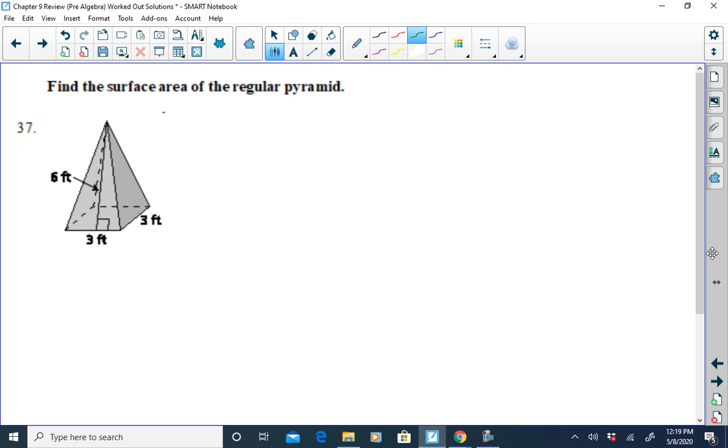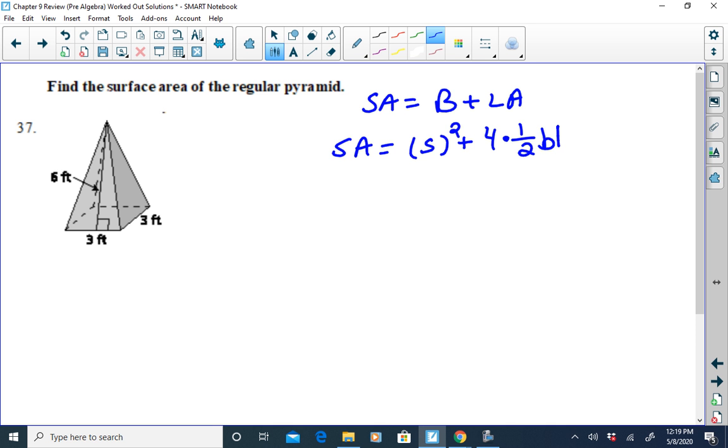Okay. We're looking for surface area. And surface area, as we know, is equal to the base area plus the lateral area. The base area is a square here, so that's going to be S squared, and then your lateral area is 4 triangles that are 1/2 base times height.